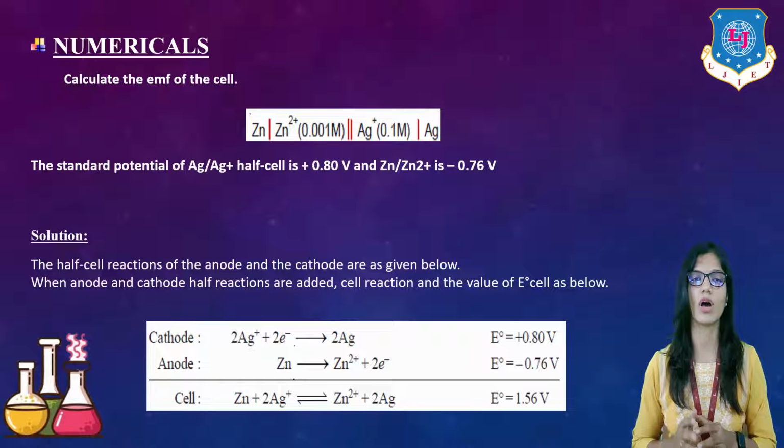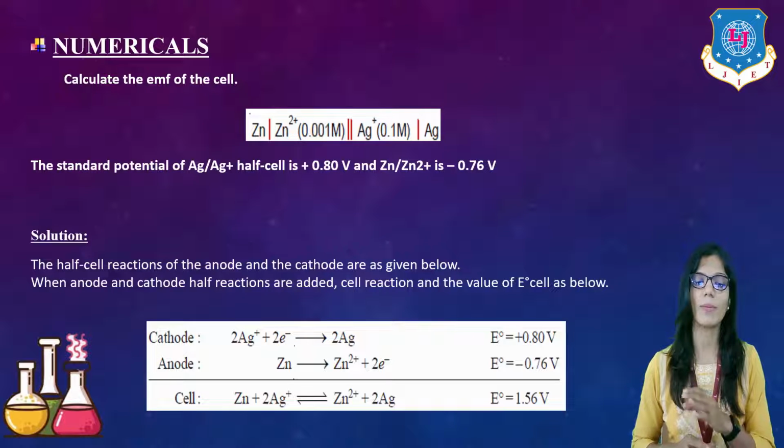When anode and cathode half reactions are added, we get the total cell reaction and the value of E0 as follows. On the cathode, 2Ag+ takes 2 electrons and converts itself into 2Ag. The value of E0 is plus 0.80 volts. On the anode, zinc releases 2 electrons and converts itself into Zn2+.